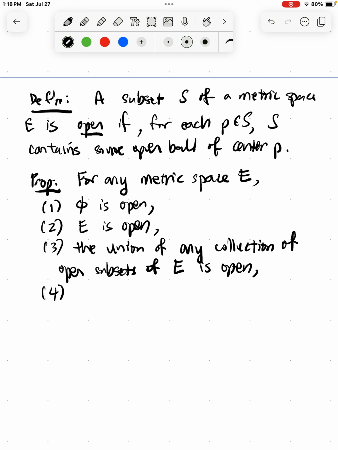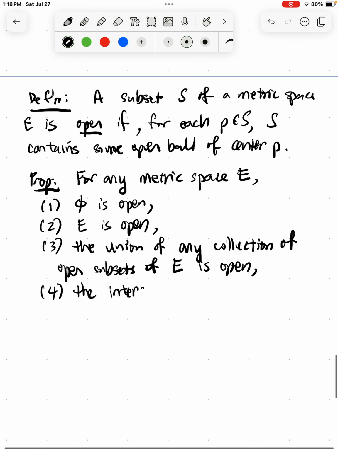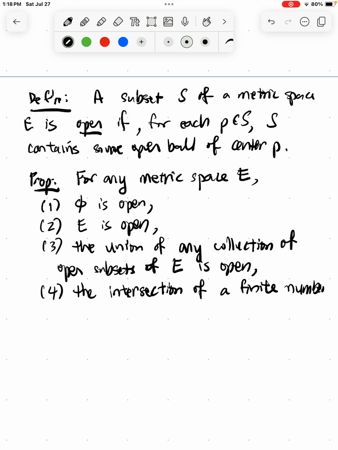And lastly, the intersection of a finite number of open subsets is open. Okay, let's prove this.